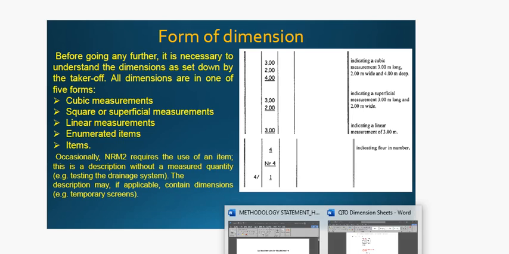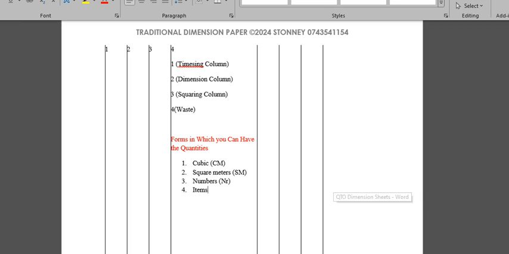Perfect. So what we have next is the linear meters. That is the fifth item. Okay, linear meters, or you can just abbreviate it as meters for that matter. Of course, the abbreviation used for item is just item as it is.